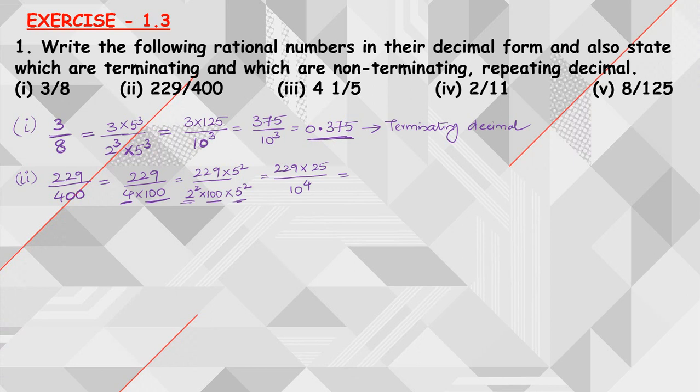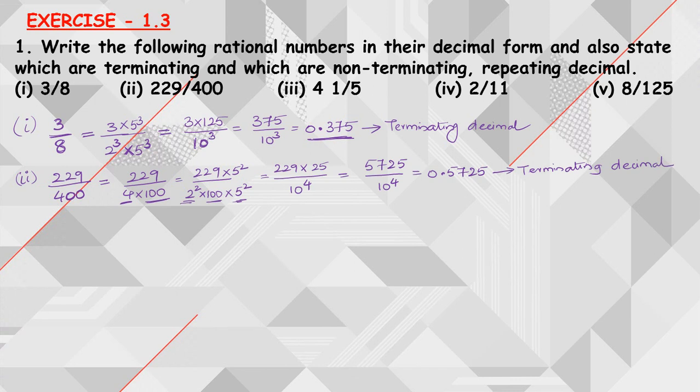When you multiply, I am going to get 5725 divided by 10 power 4. So this I can write as 0.5725. If you clearly observe, there is no bar. That means this is a terminating decimal.